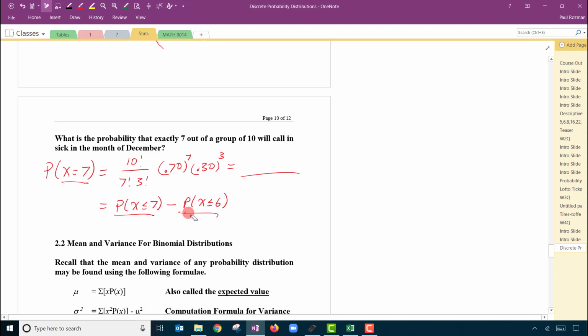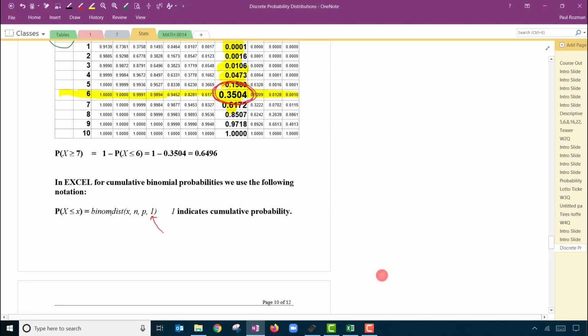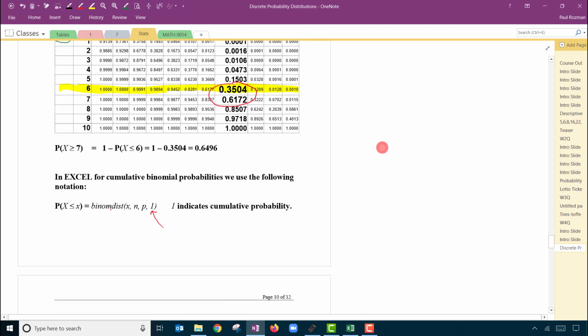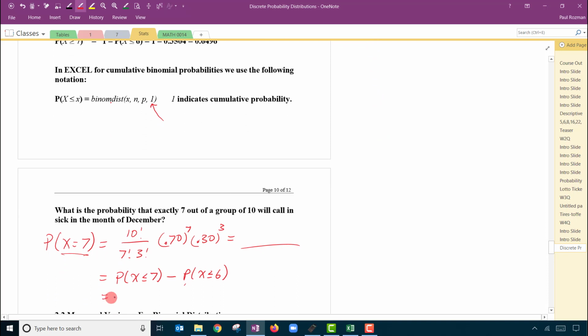Let's go back there and take a peek at 7 or less and 6 or less. So we knew 6 or less was 0.3504, and 7 or less is 0.6172. So this will be 0.6172 minus 0.3504. And that'll get us our answer.